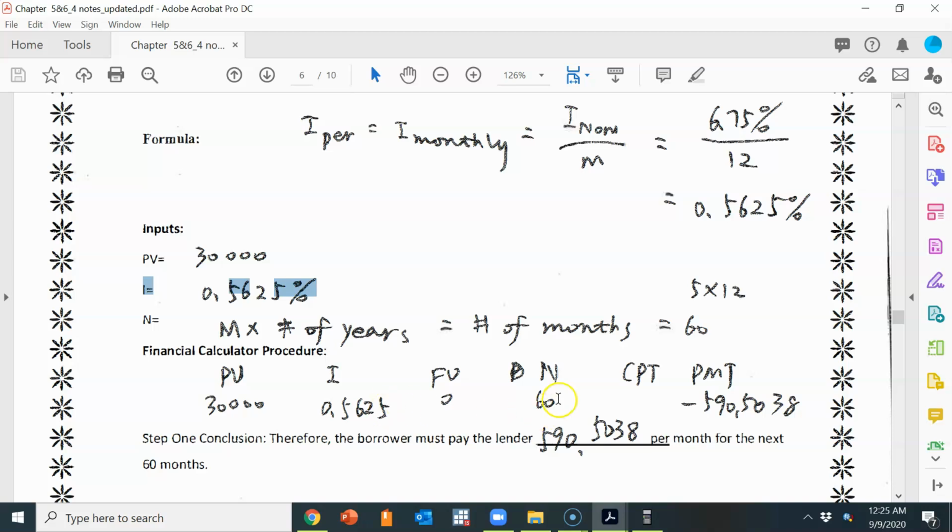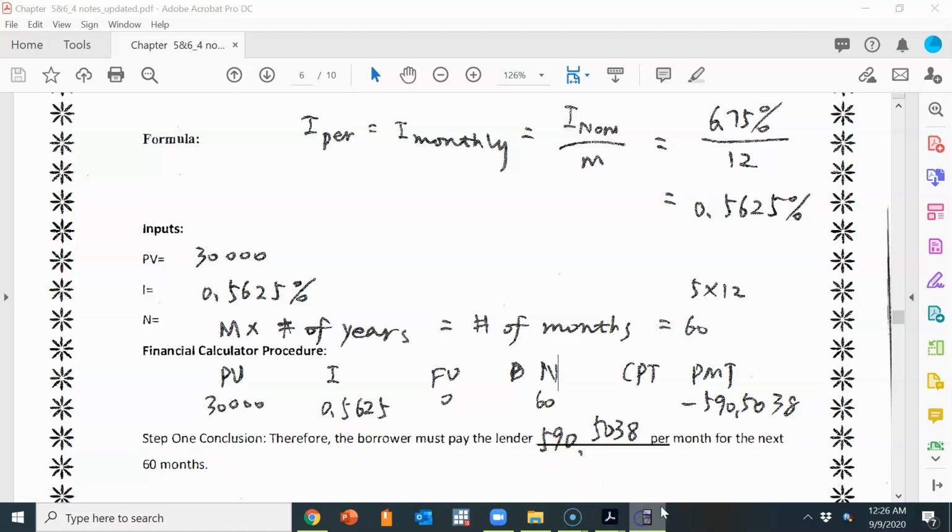And for N, instead of inputting the number of years, we should input the number of months, which is 60. Future value is still 0 because we're going to pay off the loan after 60 months, and we compute for payment. For each month, we need to pay 590.5038. The borrower must pay the lender 590 per month for the next 60 months.